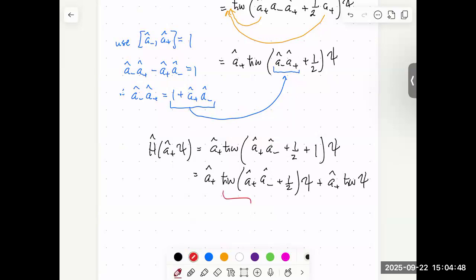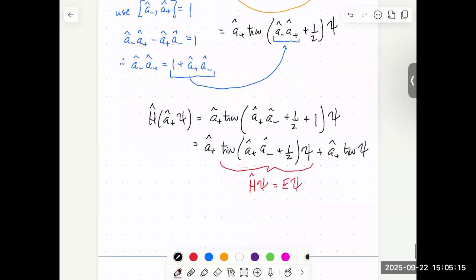Now, I want to extend that a bit further. If you look back in our notes, this is one version of the Hamiltonian, the time-independent Schrodinger equation. This is H hat acting on psi, which we know is E times psi. Okay, so what we have then is A plus E times psi.